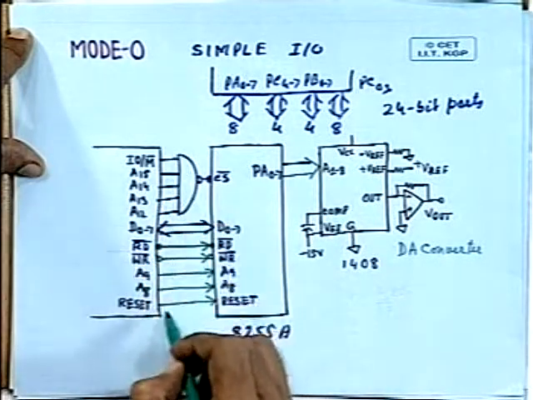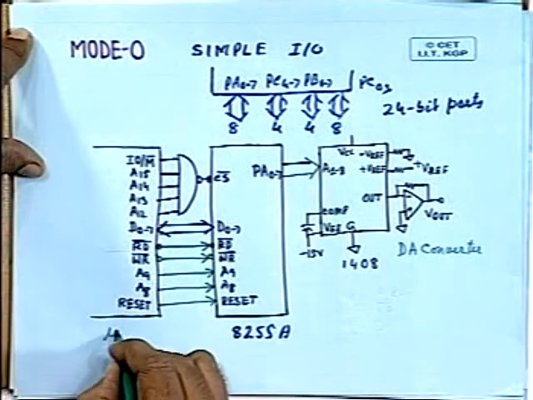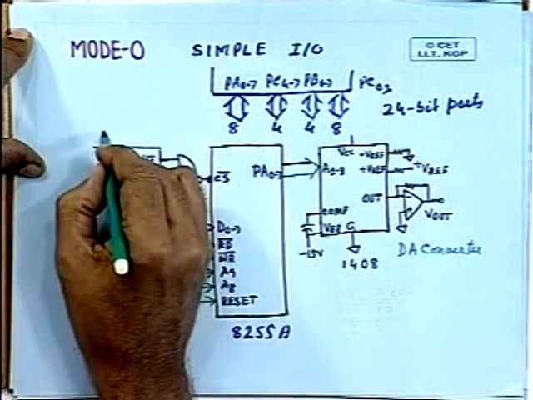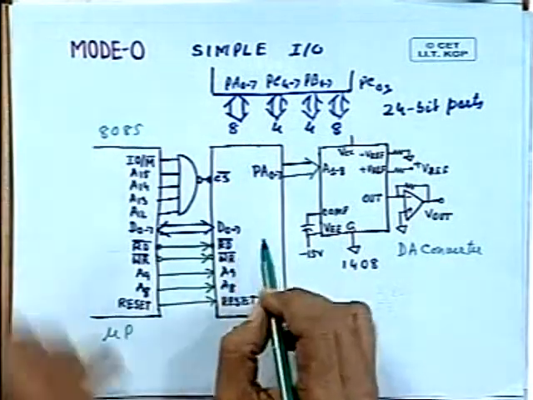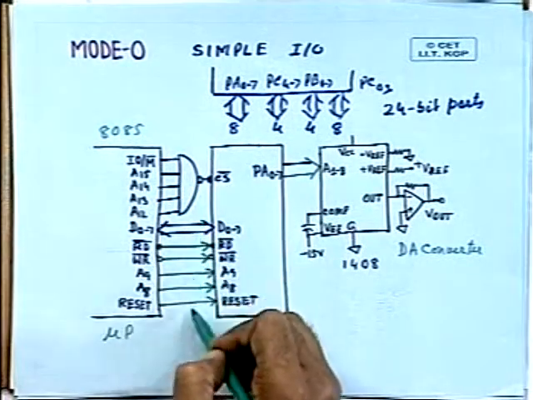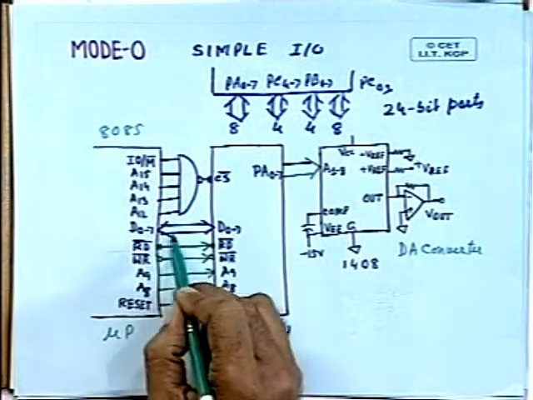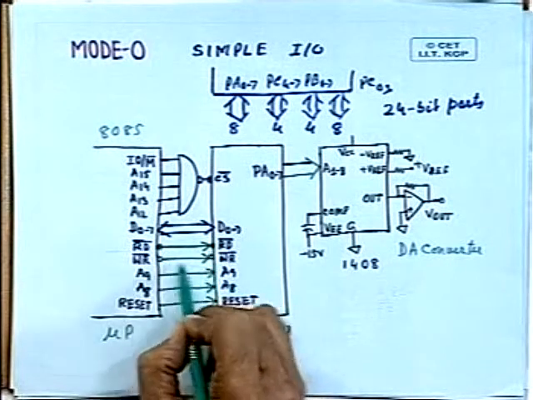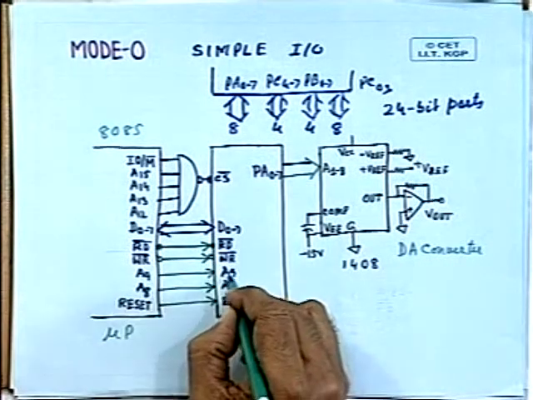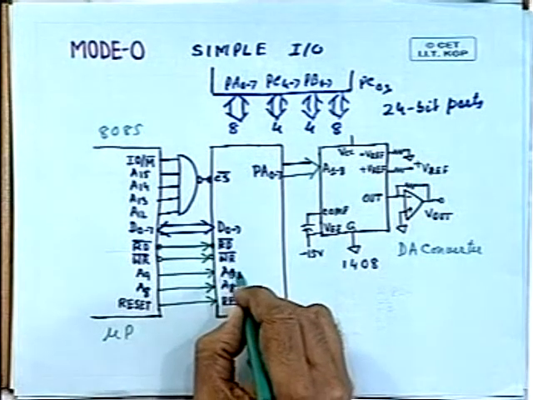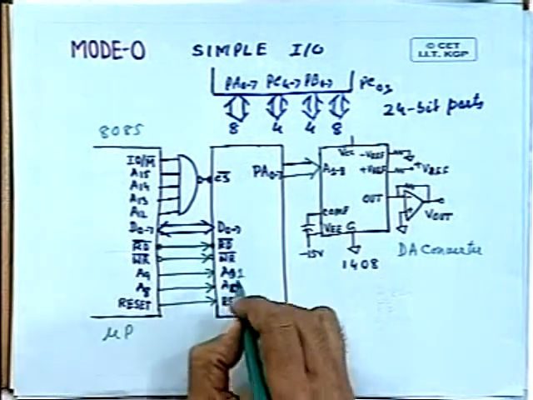This side, as you can see here, is connected to the microprocessor, obviously 8085, and the various signals are connected directly: D0 to 7, read, write, and A9, A8, which will come to A1 and A0.